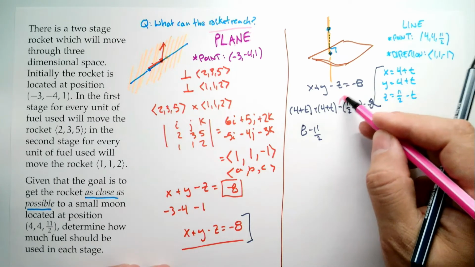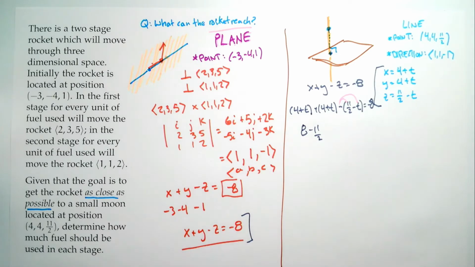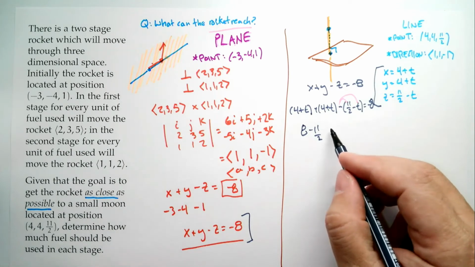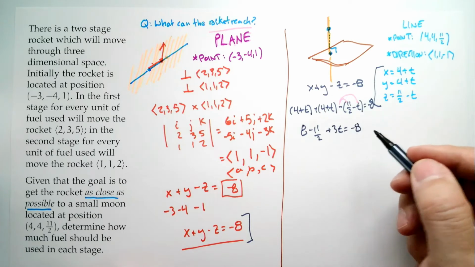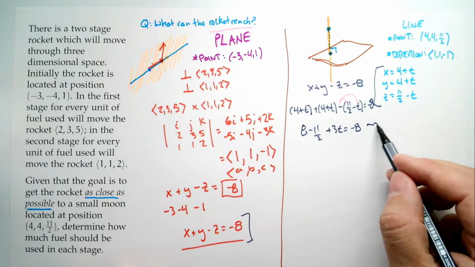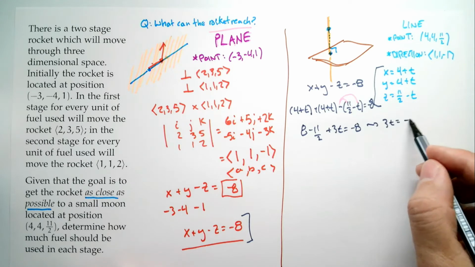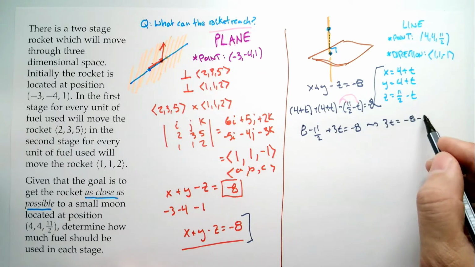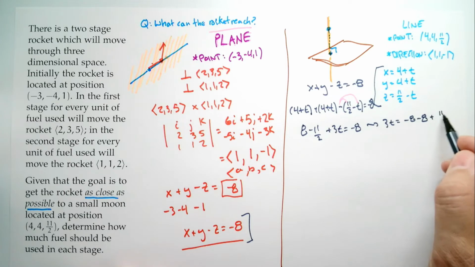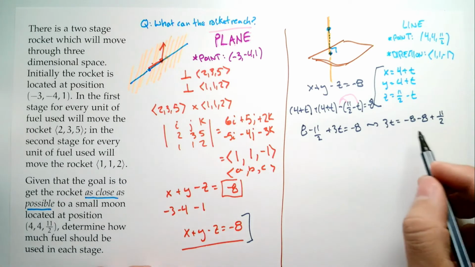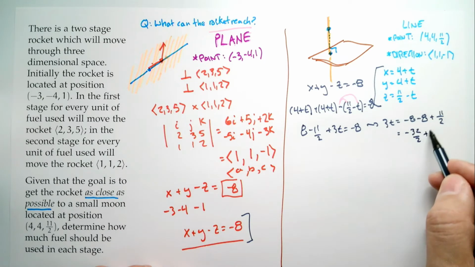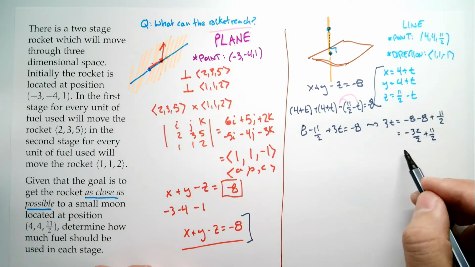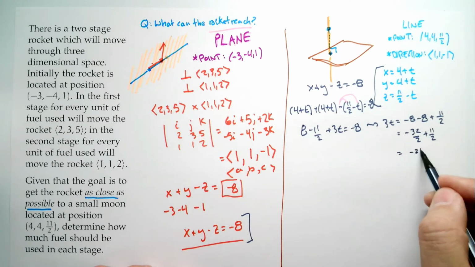Remember, it goes into both terms. So there's 8 minus 11 halves plus 3t equals negative 8. So we can say 3t is negative 8, then minus 8, and plus 11 halves. All right, well, that's negative 16, that's negative 32 halves plus 11 halves, which is negative 21 halves.